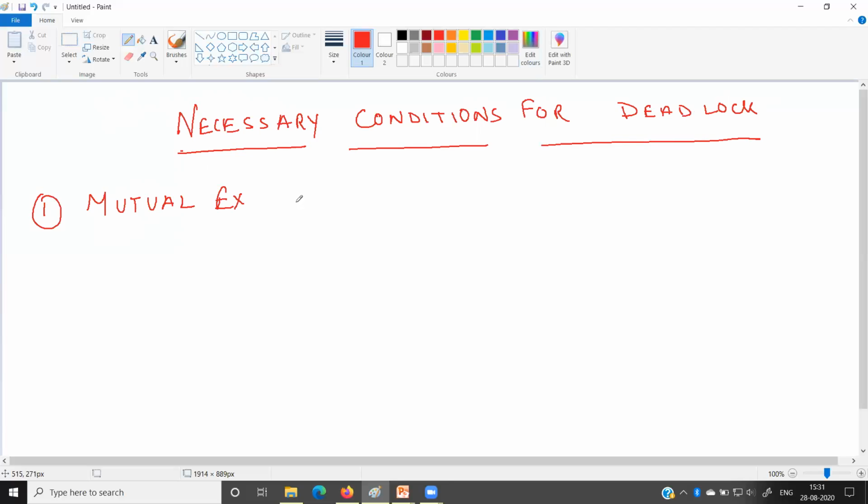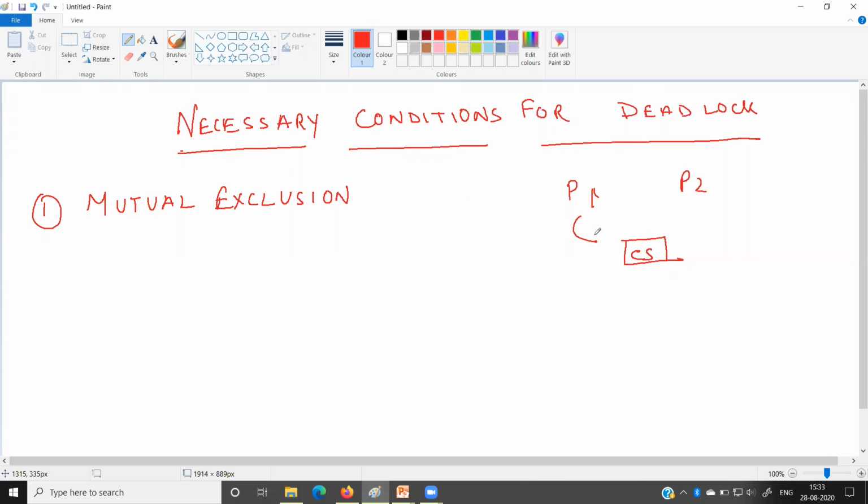What is mutual exclusion? I have already discussed in my previous lectures what mutual exclusion is. If 2 processes P1 and P2 want to access a common critical section CS, P1 wants to access the critical section, and P2 also wants to access it. In that case, both the processes cannot access the critical section at the same time.